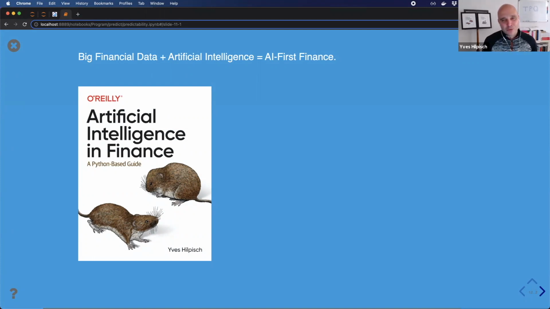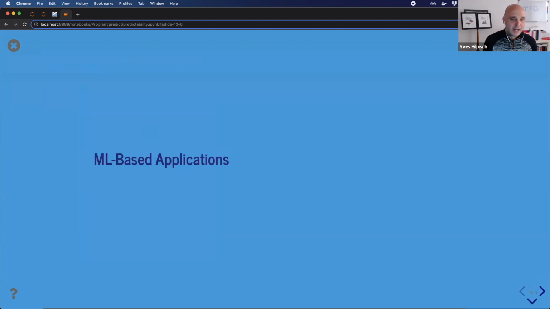Meaning that we have entered a new era, and you recall the five periods in finance that I mentioned before, from the computational one, now entering the AI-first finance era, where we have the data available, we have the hardware, the software, the technologies, and the artificial intelligence methods, algorithms, to have a completely different look at finance as compared to what we had before.